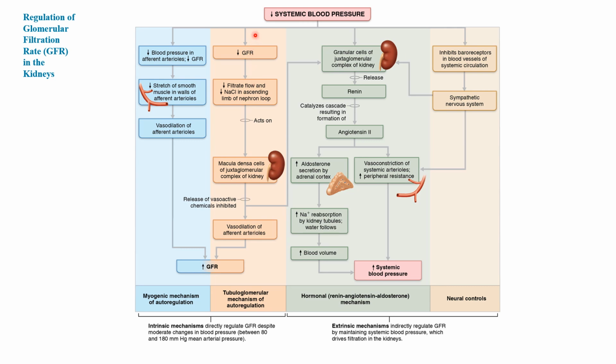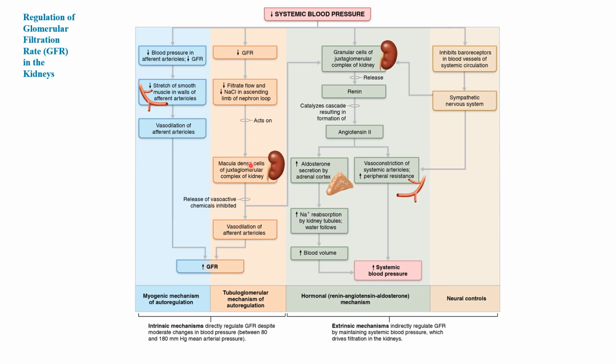Now let's see this column. So when the systemic blood pressure is low, GFR is low. That leads to decreased filtrate flow, and when the speed of the filtrate flow is decreased, more of the sodium chloride is reabsorbed, and the sodium chloride in the ascending limb of the nephron loop is decreased.